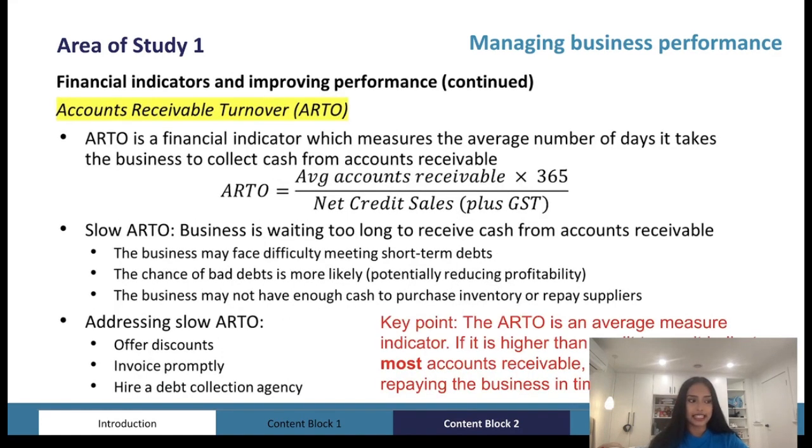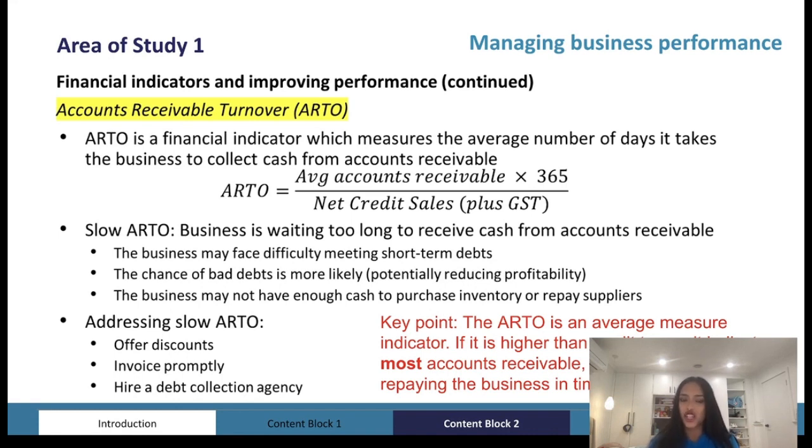Okay, the next indicator is the accounts receivable turnover, which tells us the average number of days it takes the business to collect cash from accounts receivable. So if accounts receivable turnover is slow, this means that the business is waiting too long to receive cash from accounts receivable. And this might mean that the business will face difficulty meeting their short-term debts as they fall due, or they'll face liquidity problems.